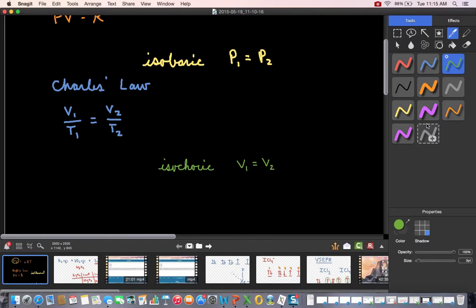And our equation will decompose to P1 over T1 is equal to P2 over T2. This is called Gay-Lussac's law.